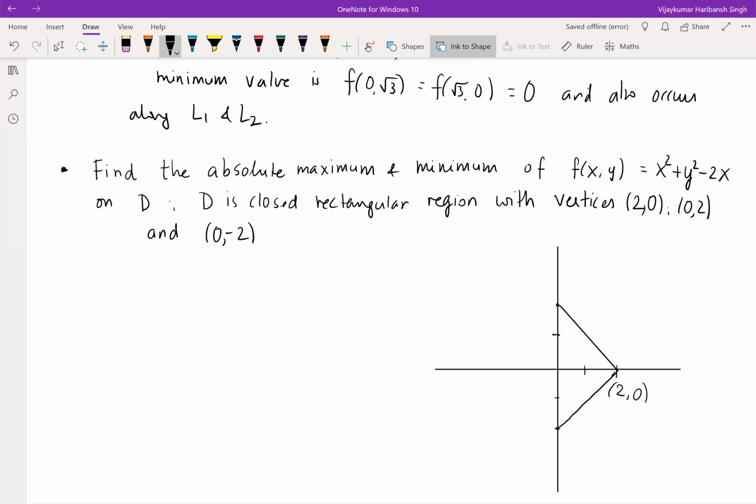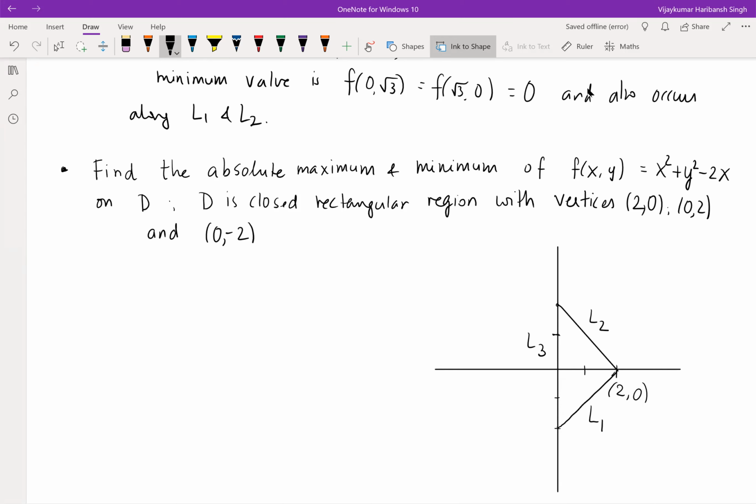So here in this case we need L1. So this is L1, this is L2, and we can name this as L3. So now again we have to do the same thing.